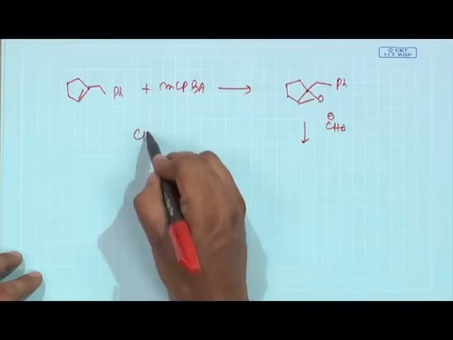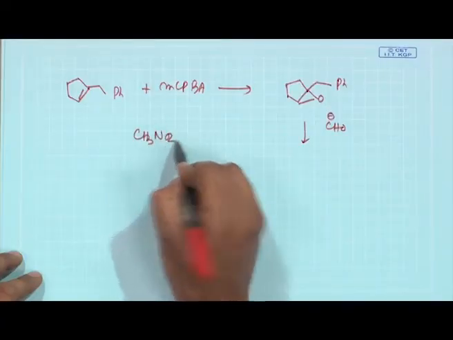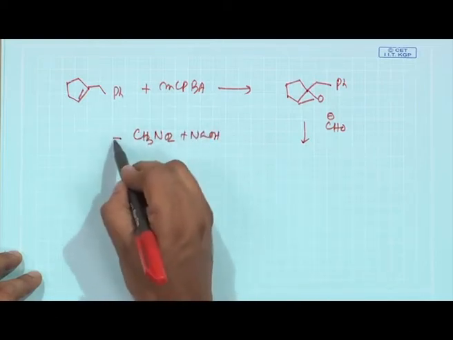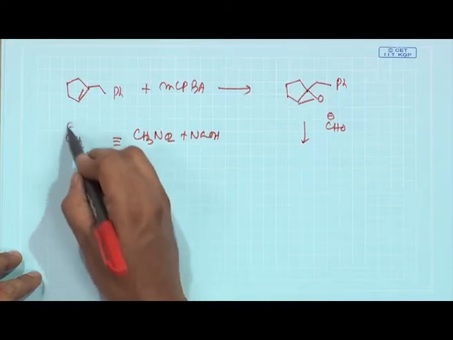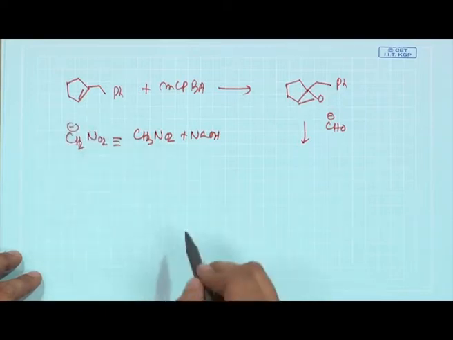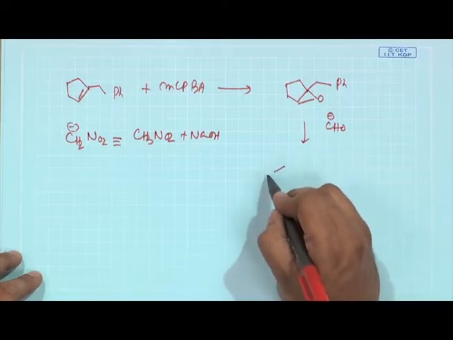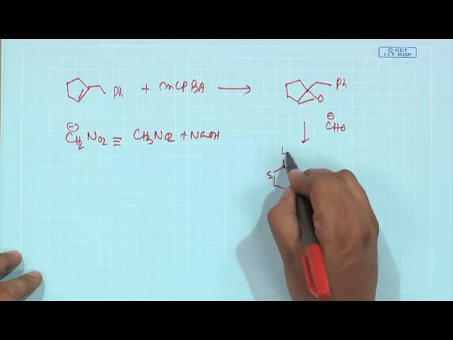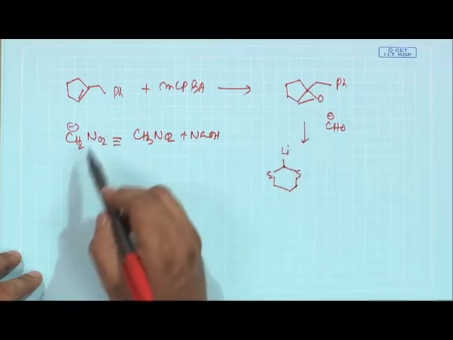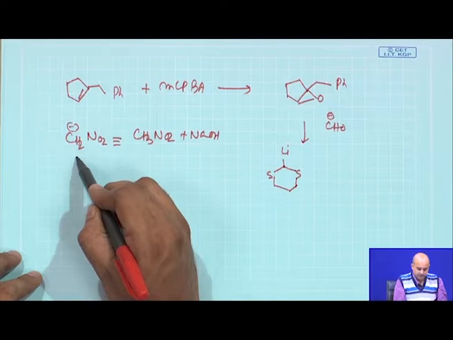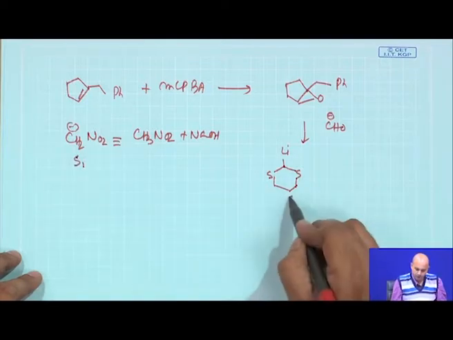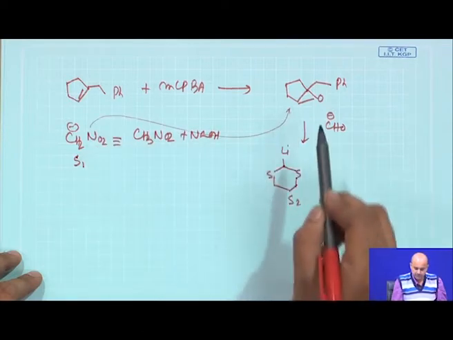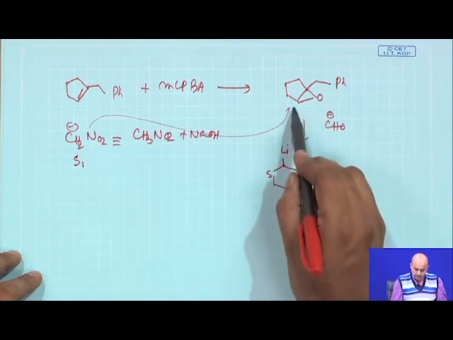Basically you react with either nitromethane plus sodium hydroxide, which gives you CH2 minus NO2, or take the formaldehyde dithiane, 1 equivalent, with lithium. Either of these synthetic equivalents, S1 or S2, can react mainly at this carbon as well as this carbon.